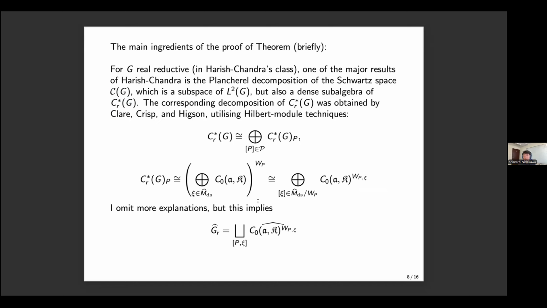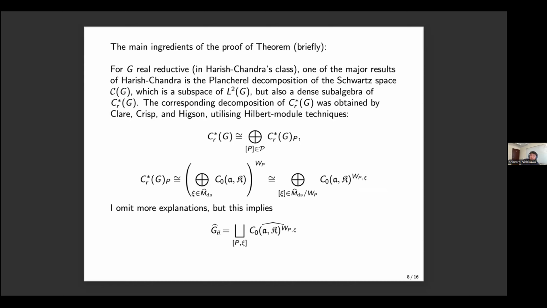But we can ignore most of this if you are not familiar with it. The upshot is that this is a direct sum of much simpler ones, C0 of A tensor compact, W-invariant, where W is again root reflections acting on this space A, but also on the compact operators. Unfortunately, for the sake of time, I will omit more explanation.